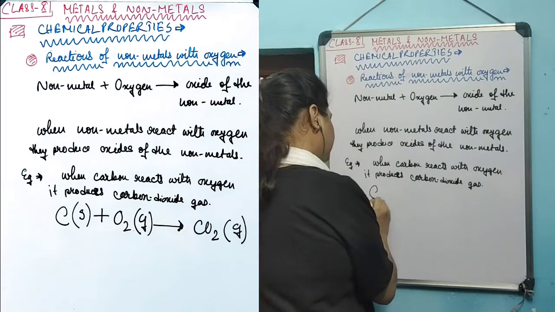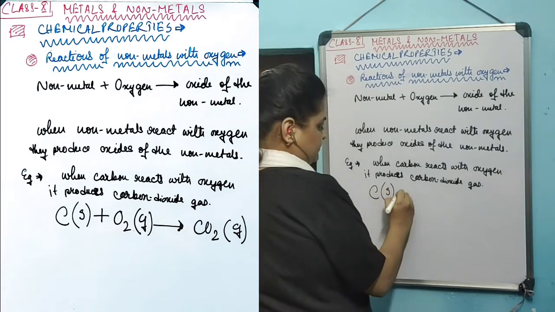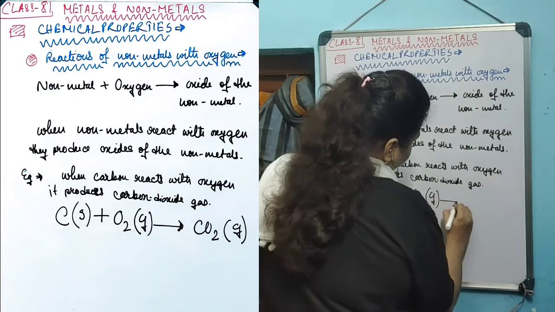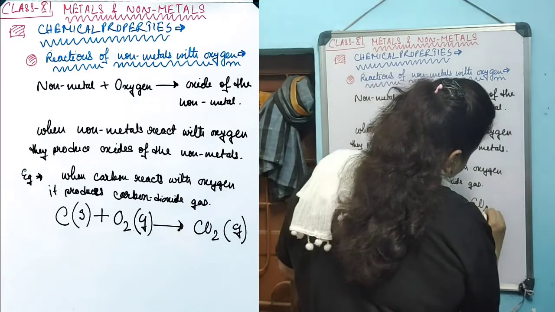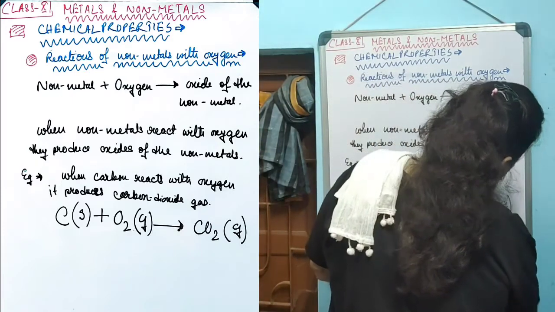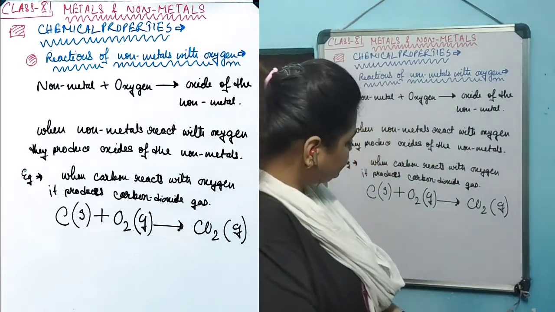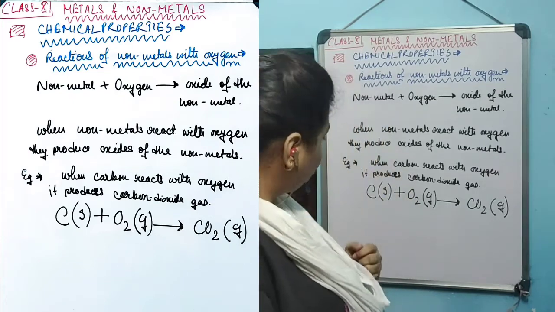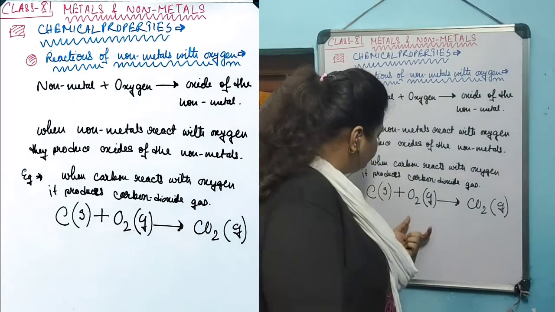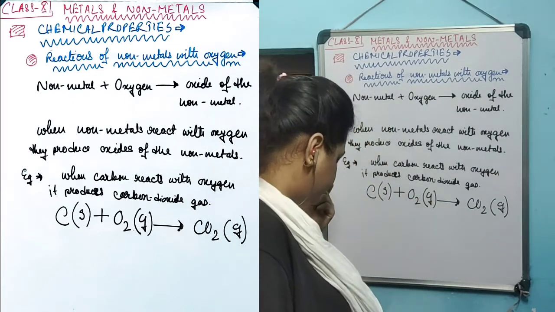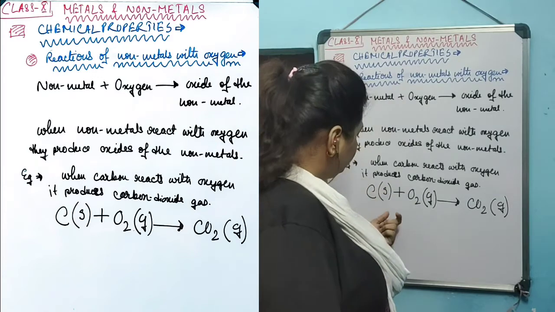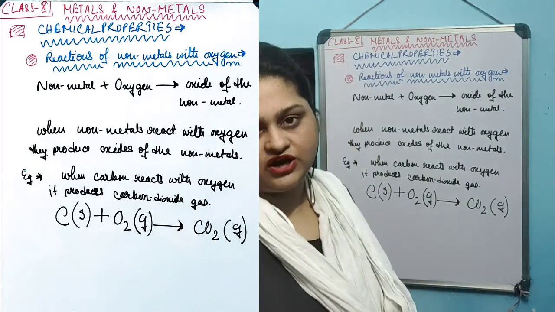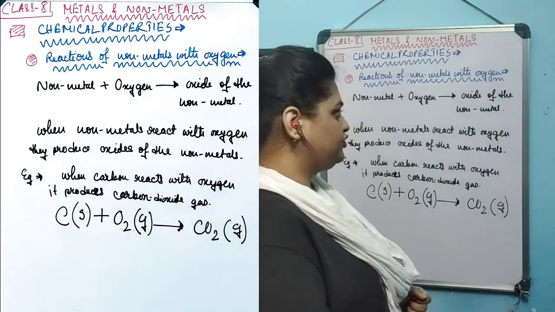The chemical reaction will be: carbon, solid state, reacting with oxygen in air, produces CO2 gas. This is the most common example of a nonmetal, carbon, reacting with oxygen to produce the oxide of carbon, which is nothing but carbon dioxide.